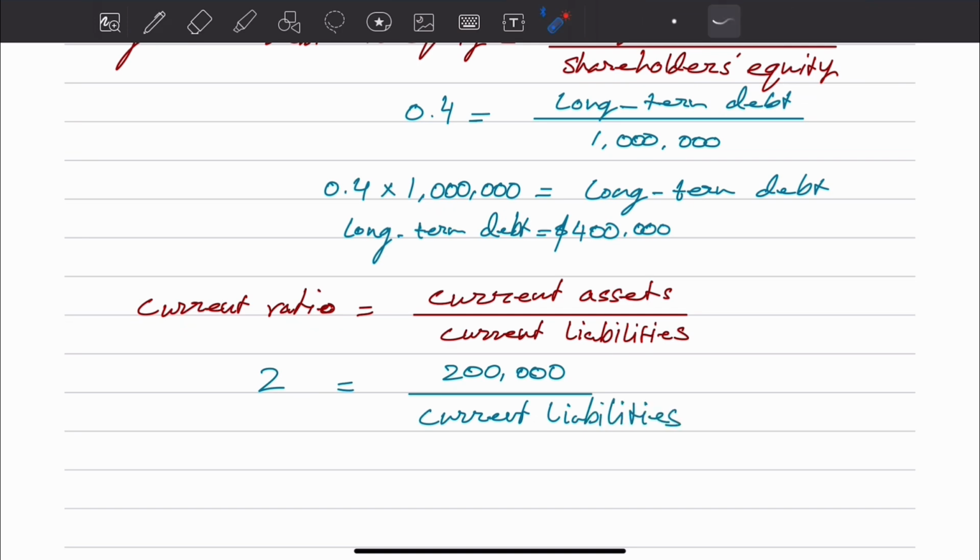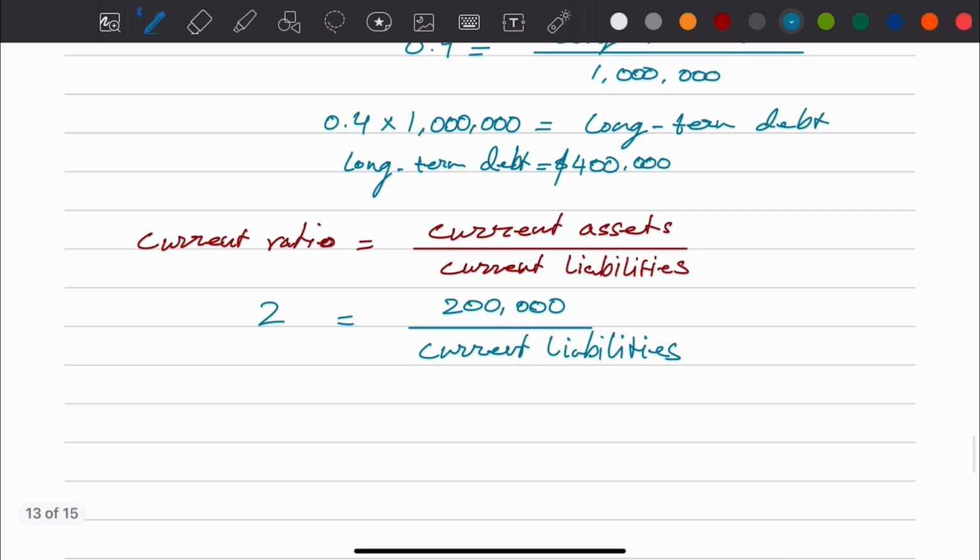Again, using cross multiplication, we can rearrange our equation and it will become 2 multiplied by current liabilities equals $200,000.